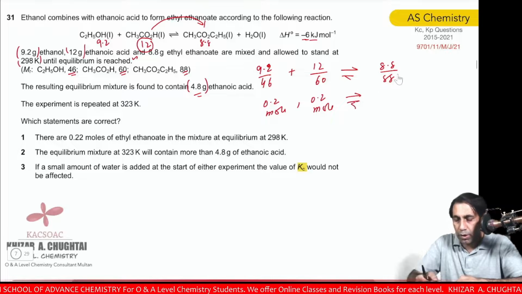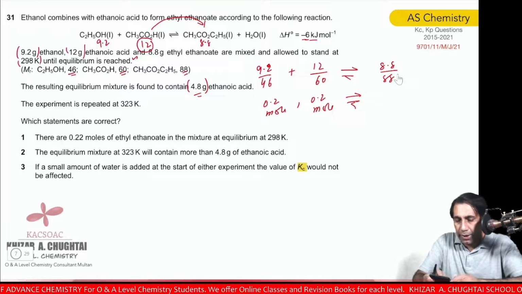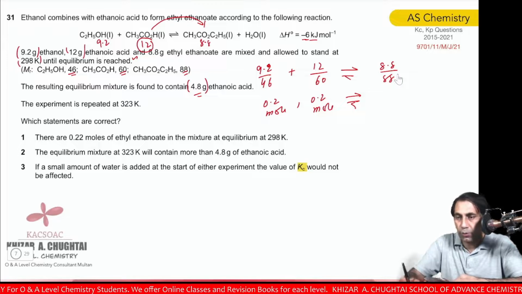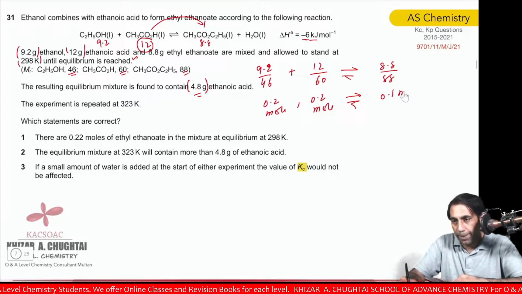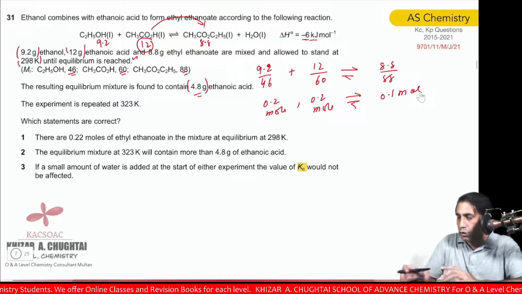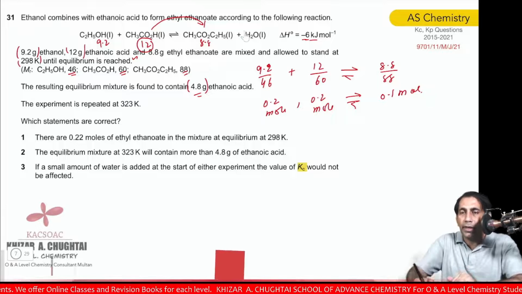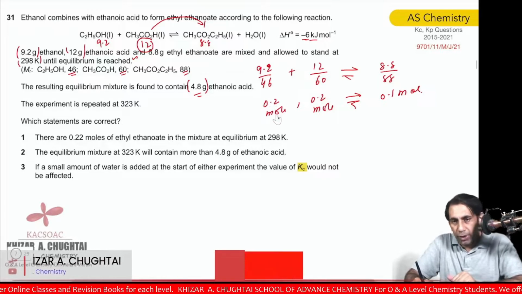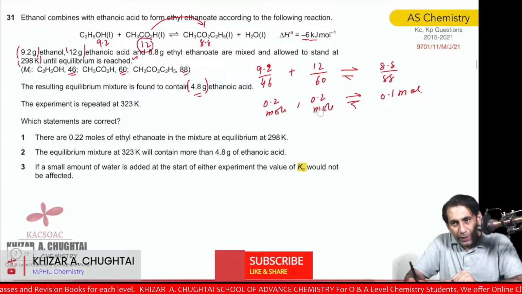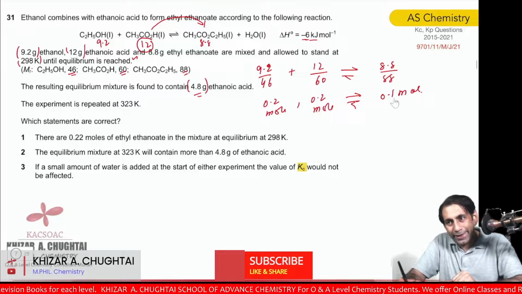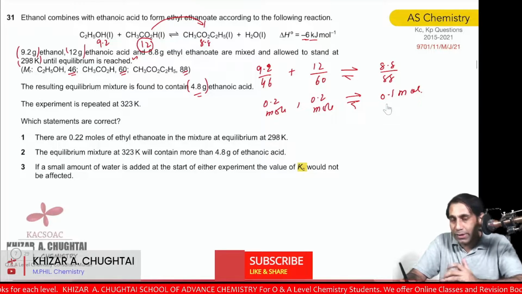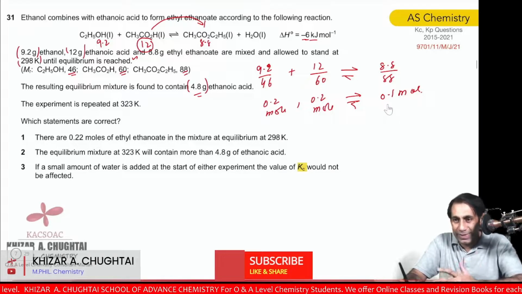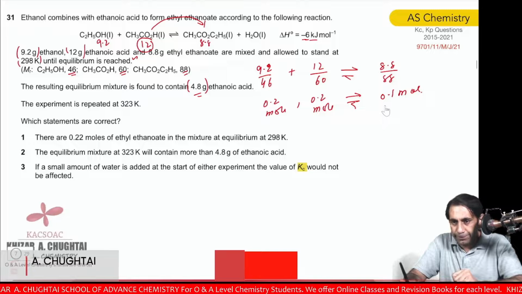goes to 8.8 divided by 88, and the answer is 0.1 mole. So initially, there was 0.2 mole of ethanol, 0.2 mole of acid, and initially there was 0.1 mole of this ester, that is ethyl ethanoate.